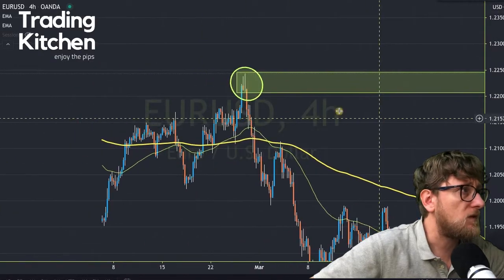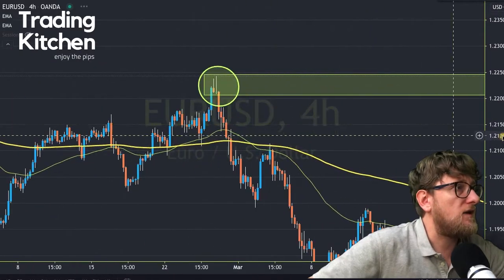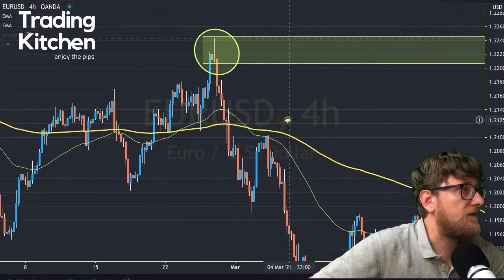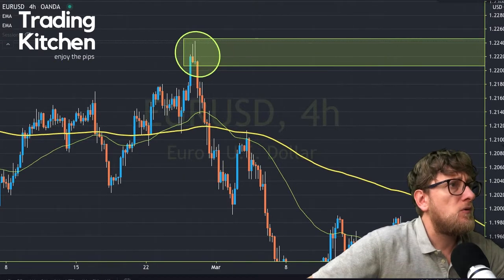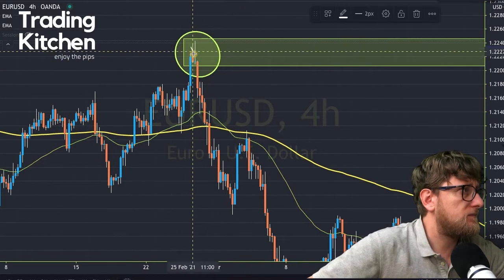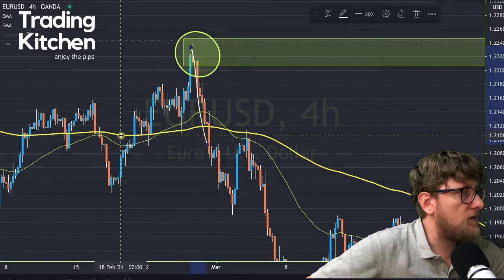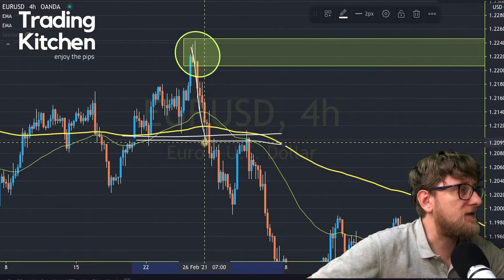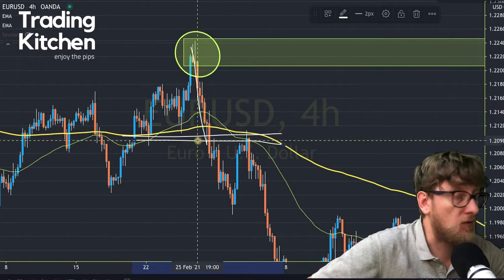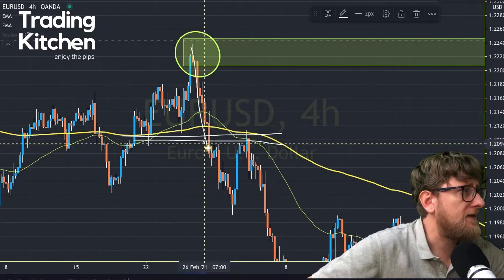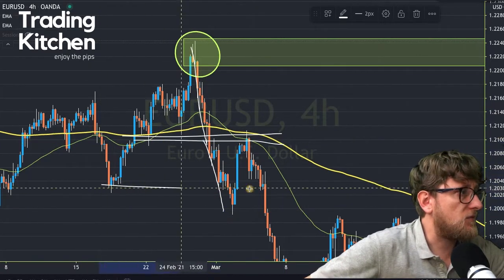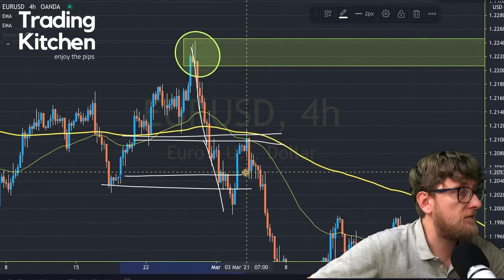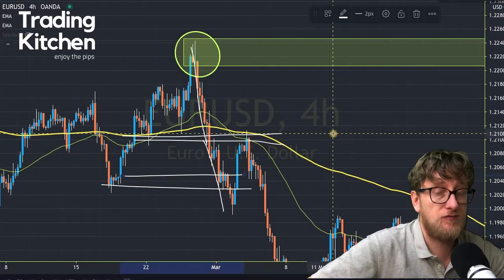Okay, which is dominance. So let's go back again. We have this impulse. Price broke this support, so we now are on a downtrend.